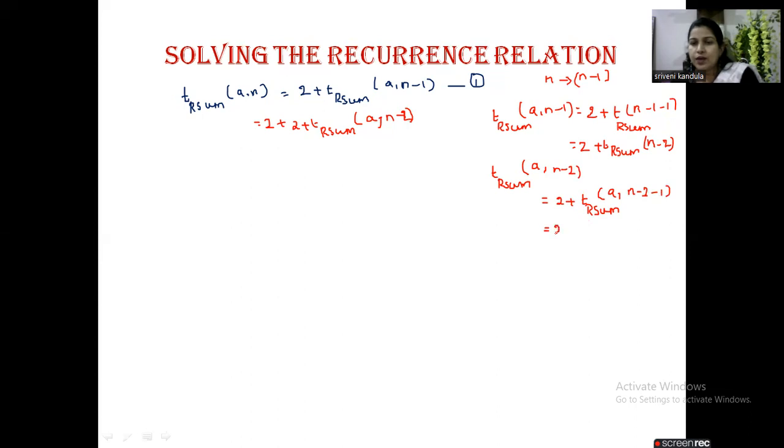So which I obtain as 2 plus T_rsum(a, n minus 3). So let me back substitute this. This 2 plus 2 remains the same. I'm not doing anything with this part. But now I got the value of this, which is 2 plus T_rsum(a, n minus 3).